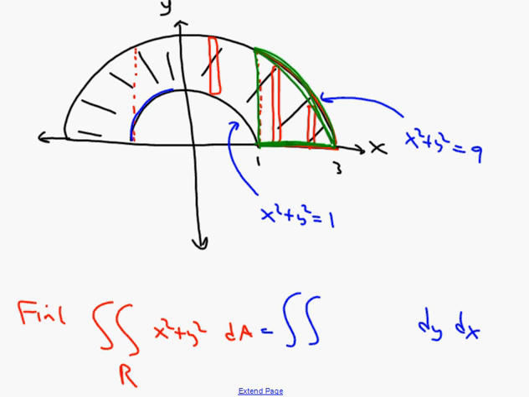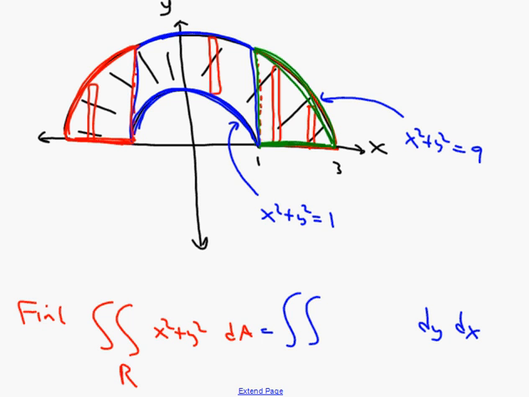In the middle region, we'll call that the blue region, you can see that the upper bound is the big semicircle and the lower bound is the little semicircle. And then lastly, in this other region over here on the left, we're back to where we were before, where the x-axis is the lower bound and the upper bound is the bigger semicircle. So we're going to have to write this as 3 separate double integrals.